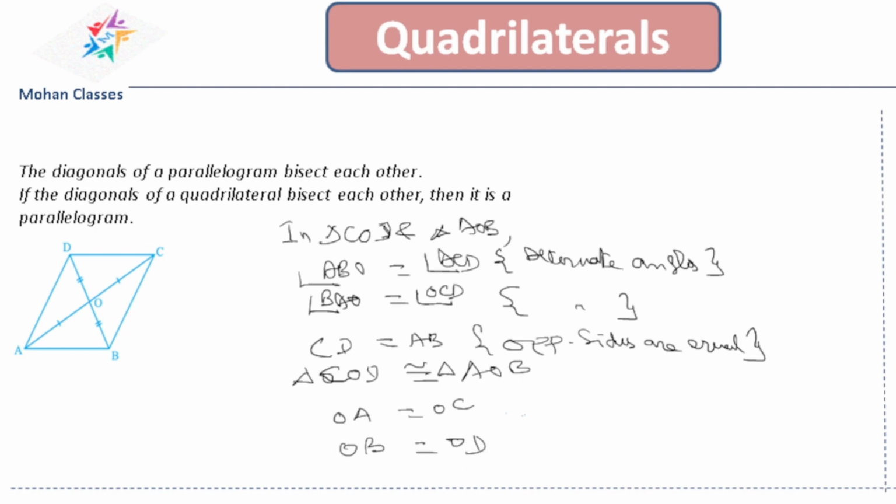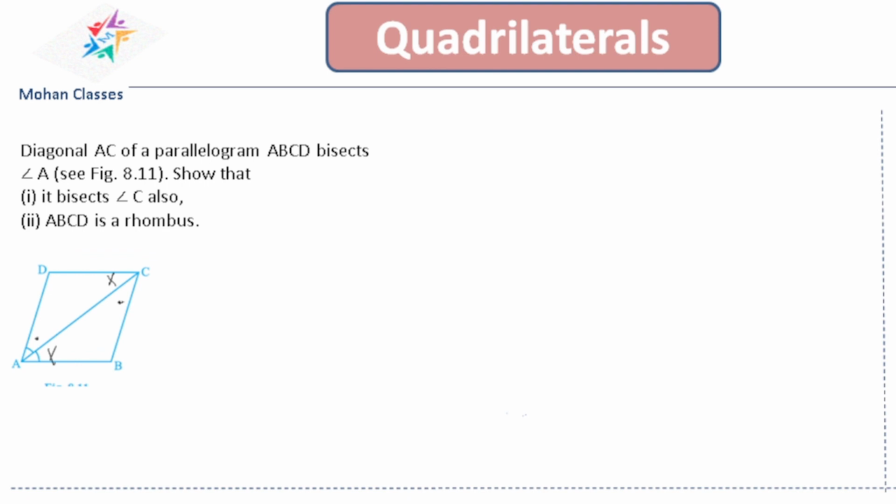Therefore, the diagonals AC and BD bisect each other. Hence the proof. Okay. Now let us move to the next.